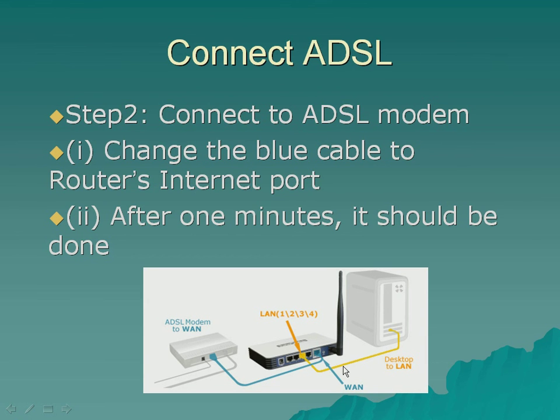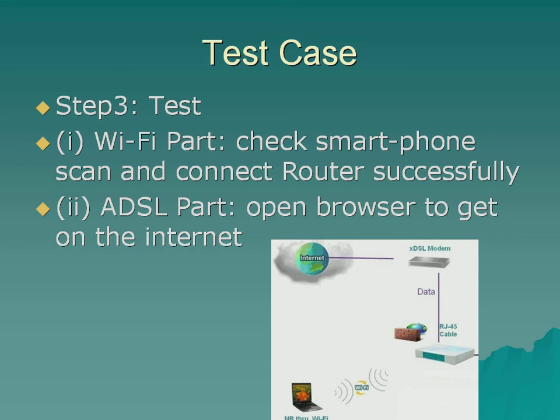I think the important thing is that you connect the blue Ethernet cable to the internet port. After that, the router will get an IP from the ADSL or dial up the ADSL modem. So the final stage is to test whether this scenario works or not.